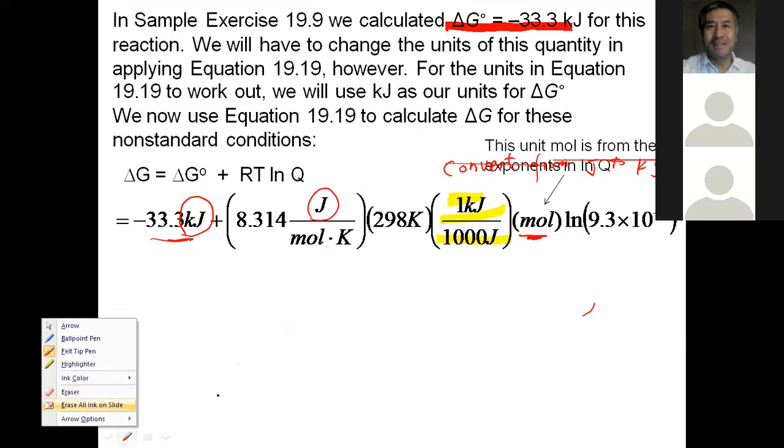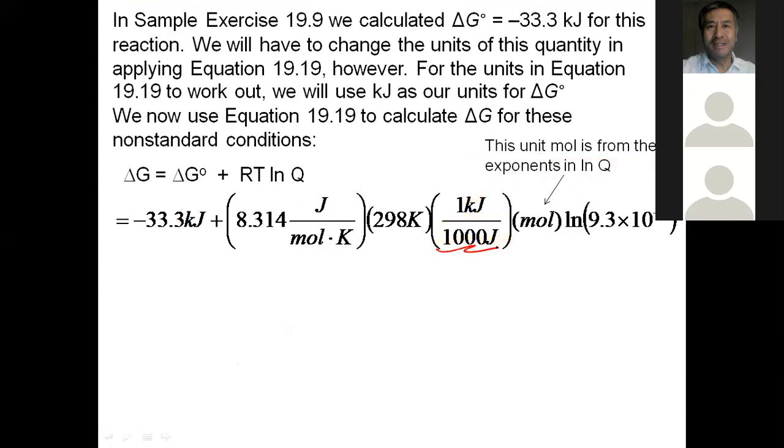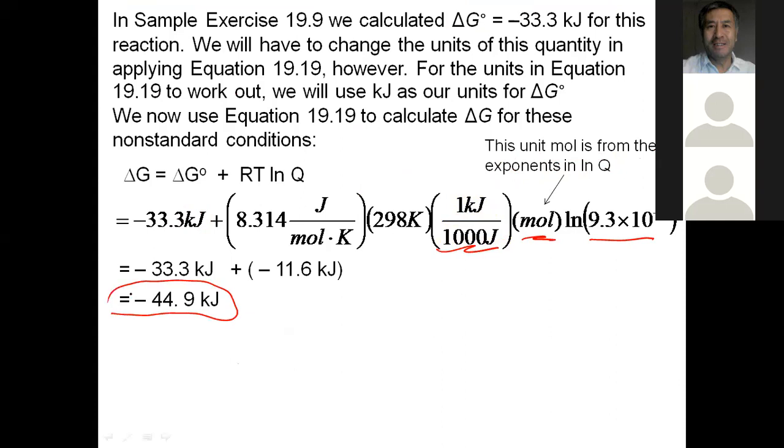Once we know what this does and where this comes from, we use this number, multiply or take the logarithm, and we get this number. So this is non-standard, and this is standard.